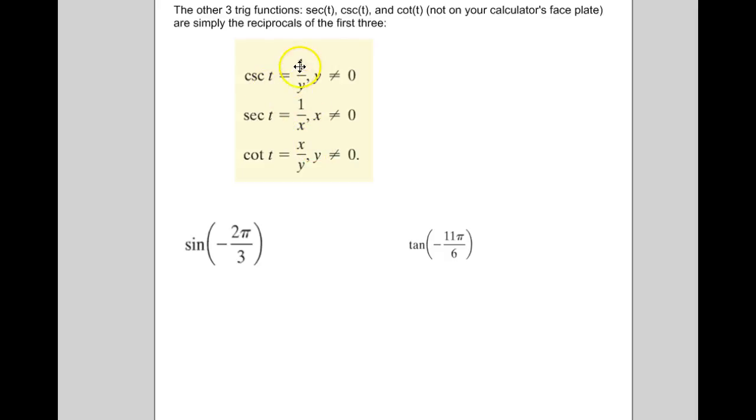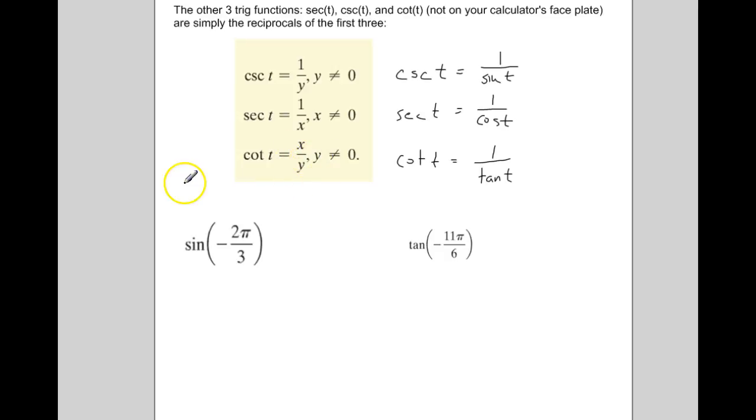The cosecant is the reciprocal of the y-coordinate, and the y-coordinate was the sine function. So the cosecant is 1 over the sine, or the reciprocal of sine. Secant is 1 over x, so the secant is 1 over the cosine.